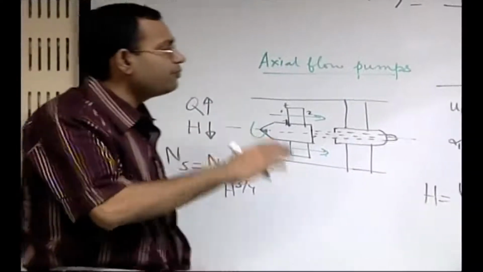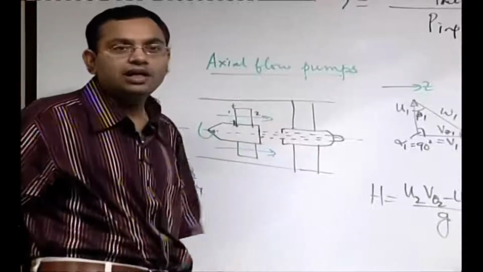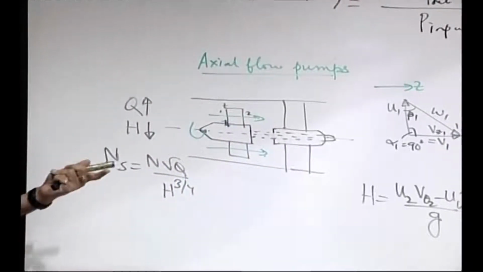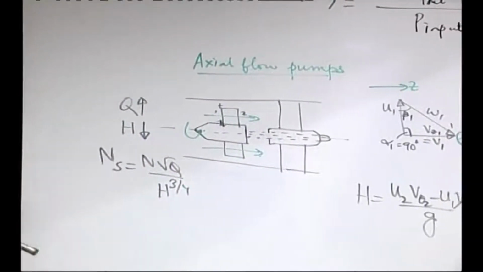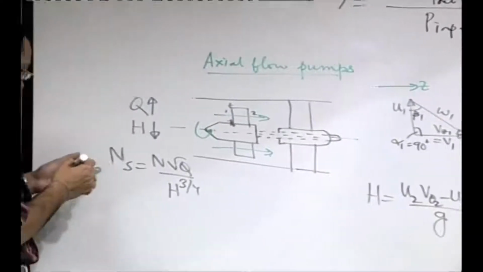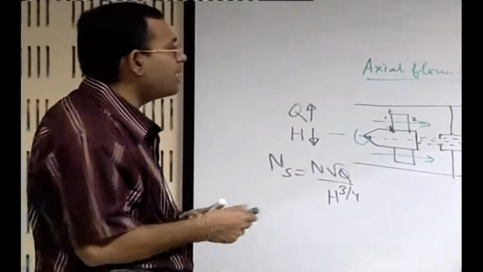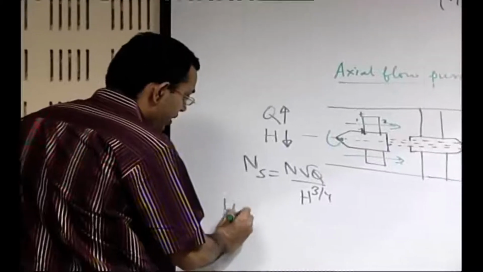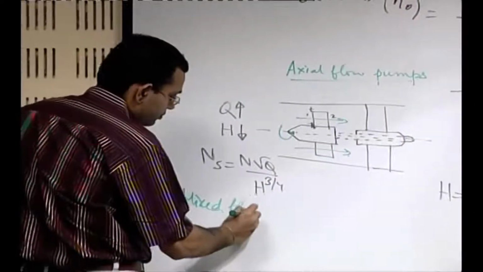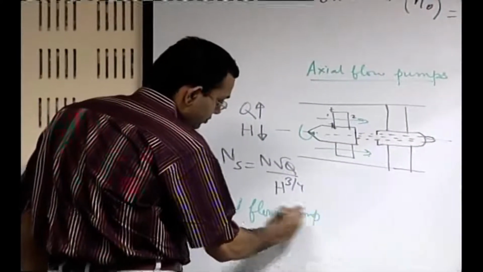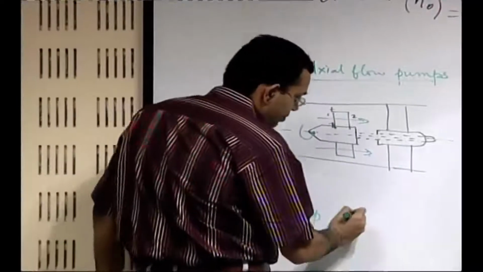There is a type of pump in between the axial flow and the radial flow, and the name itself is like that, it is called a mixed flow pump. In the mixed flow pump, part of the flow is axial and part of the flow is radial.